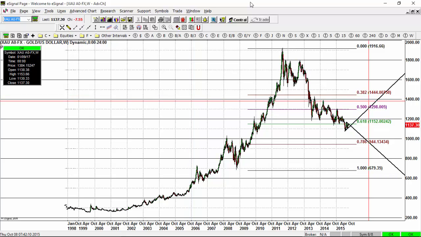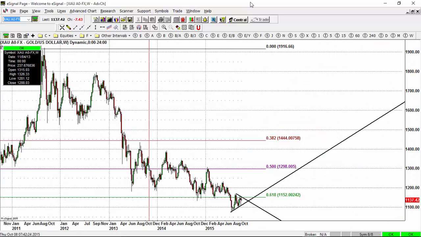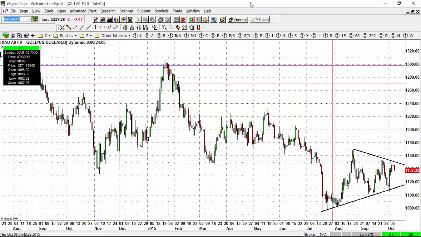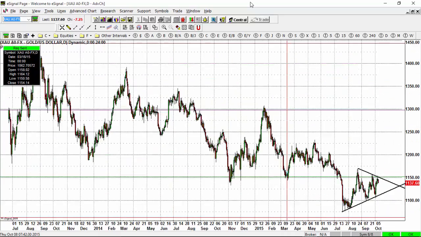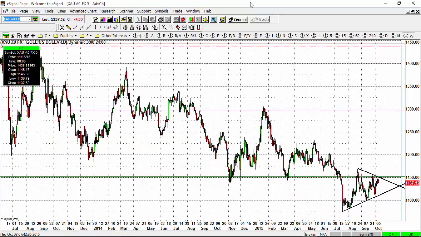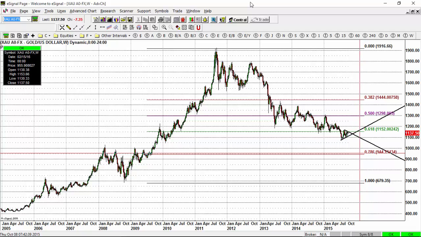Now, there are folks that are saying that the retracement could last even down to the 786 retracement level, which will be around 944 in the gold market. So when we see a consolidation like what's happening now on the daily charts, the market could then break down further and hit that 786 retracement level to the downside.